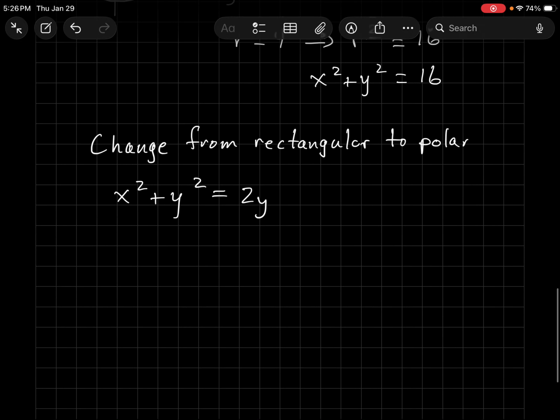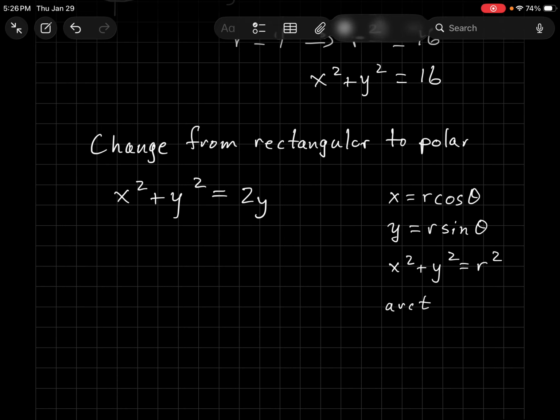So let me write them one more time, based on right triangle trig. X equals r cosine theta. Y equals r sine theta. X squared plus y squared equals r squared. And then tangent of theta is y over x.